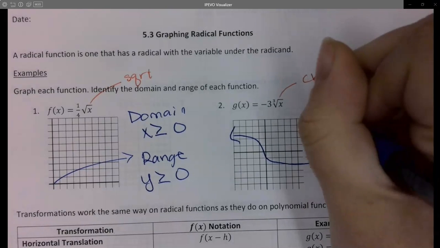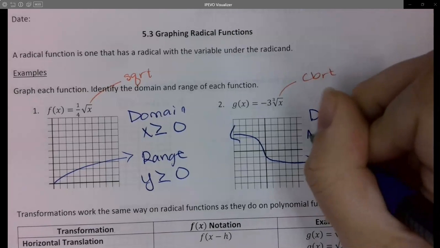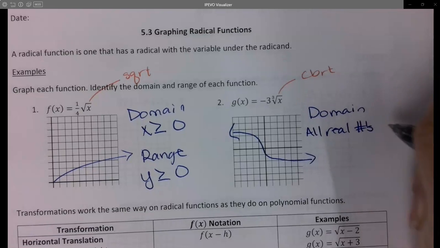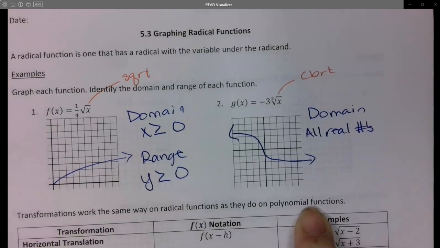Okay, so for this one, it's going left and right forever. So what I'm going to write for my domain is all real numbers. And then it's doing it very slowly, but it's also going up and down forever.